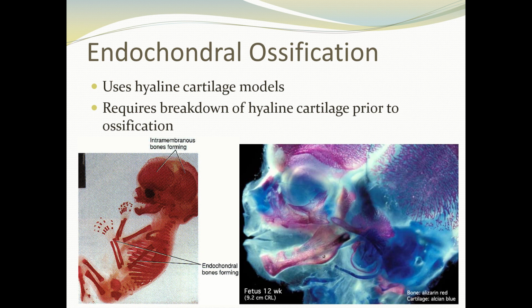So endochondral ossification uses the hyaline cartilage models, and it requires the breakdown of hyaline cartilage prior to ossification. The intramembranous bones are forming in the skull of this fetus here, and then you can see the endochondral bones are forming in the upper and the lower limbs. And it is regulated and should be occurring at a specific stage each week during fetal development.